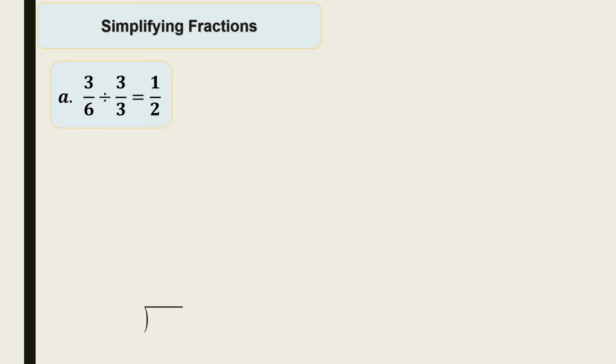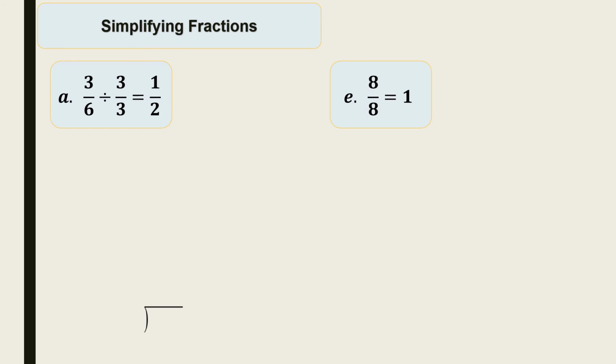But take note, you need to find the number that if you divide both parts of the fraction, there is no remainder. Just like this, 3 over 6. If you divide both numbers by 3, there is no remainder. Therefore, 3 divided by 3 is equal to 1, and 6 divided by 3 is equal to 2. Okay, so therefore, the simplified fraction for 3 over 6 is 1/2.